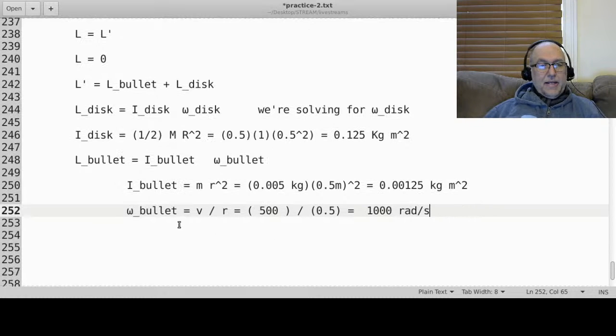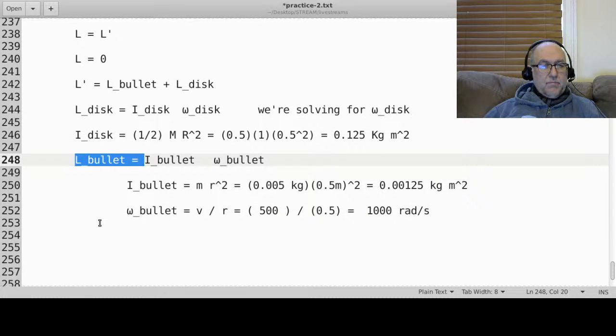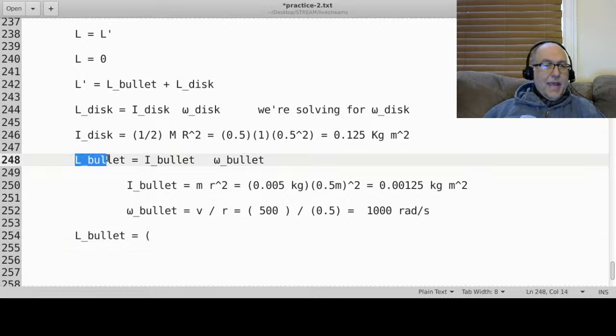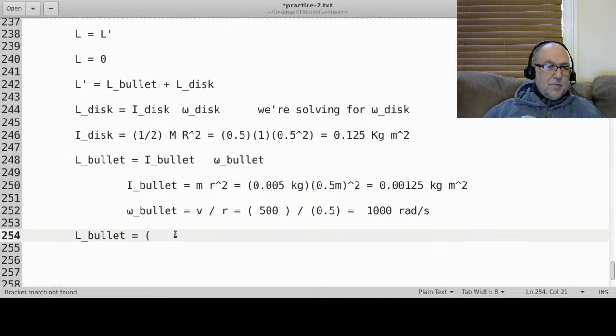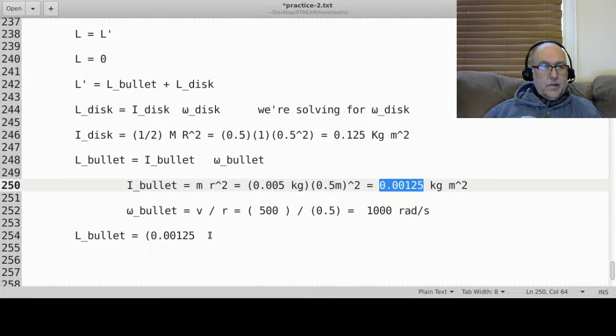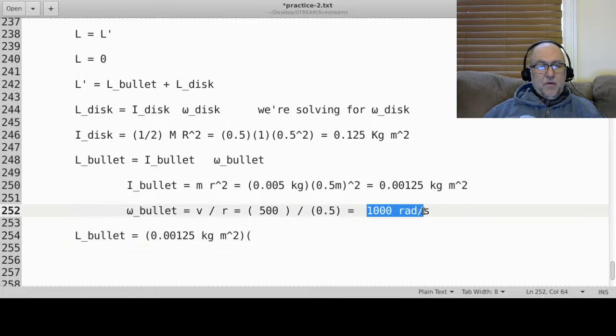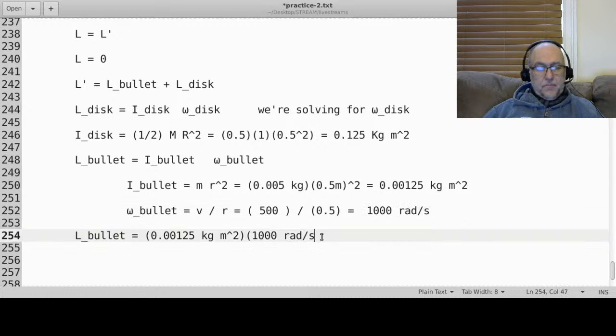And then finally, now we can put that all back and calculate the angular momentum of the bullet. Sorry, not the moment of inertia. It's going to be I, this number here. I'll put the units in there so you can see what the units are. And what's that going to equal?